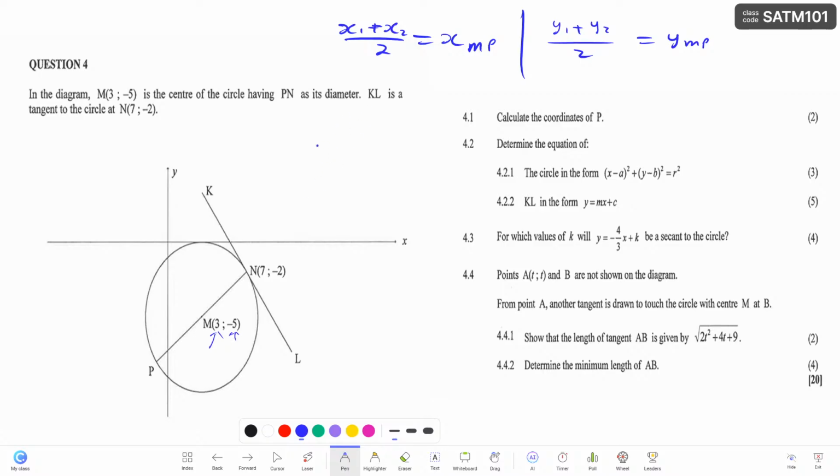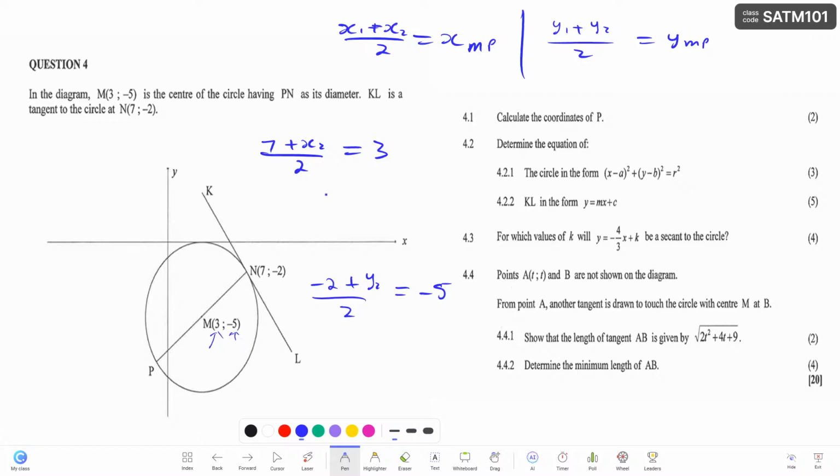So here you are simply going to say 7 plus x2 divided by 2 is equal to 3. Then the other one you're going to say -2 plus y2 divided by 2 is equal to -5, because it's the y midpoint.